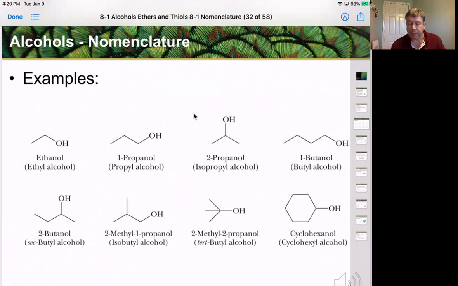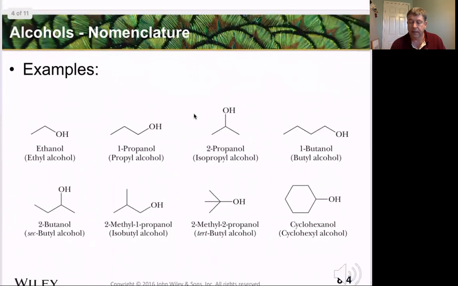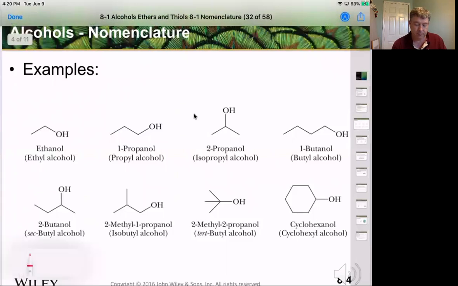Okay, let's jump over to this one on the end here. We have 1, 2, 3, 4 carbons. So that gives us butane, but we have an alcohol on the end. So we have to show that the alcohol is on the one carbon. So we have 1-butanol for our name.